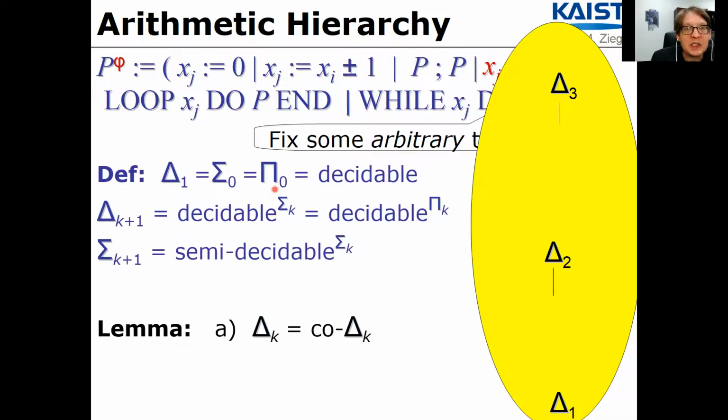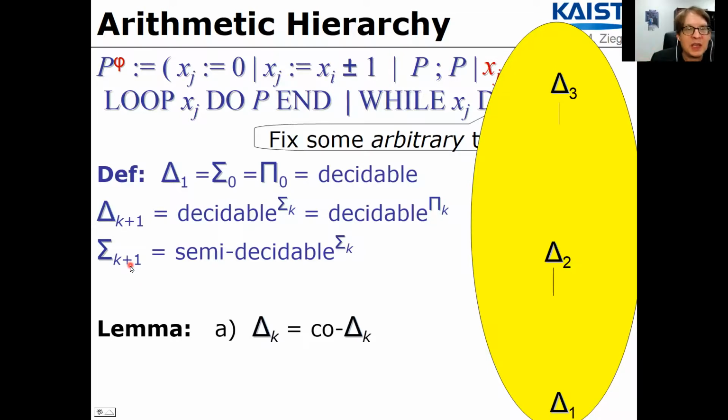And here's the induction step for sigma k plus 1. This is defined to be those subsets of natural numbers that are semi-decidable by a while program with oracle access to any decision problem here in sigma k. That gives rise to sigma k plus 1.